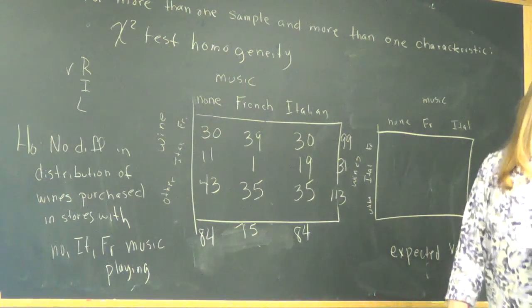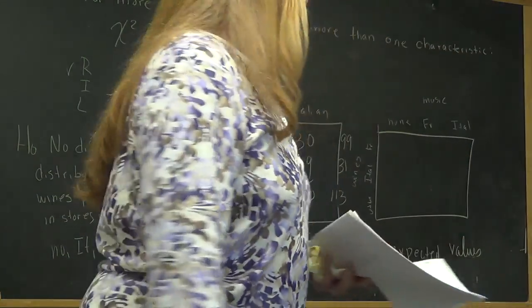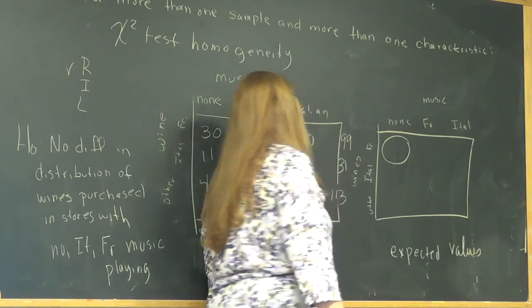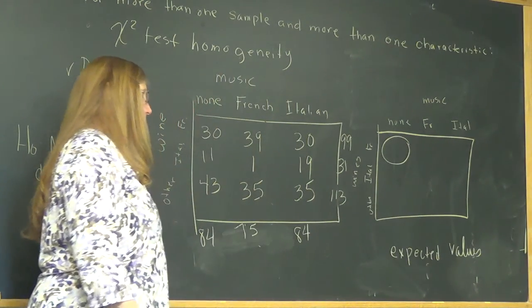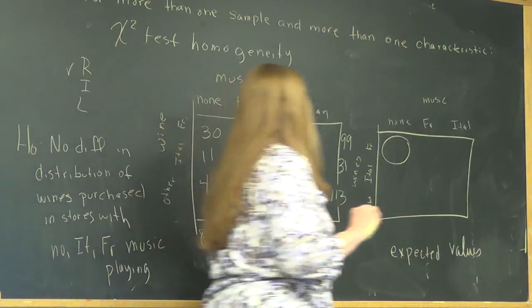If you don't get this, I'll give you a way to do it without understanding it, which I don't prefer. So, to find the expected value of French bottles of wine sold when no music is playing, I want the expected value.